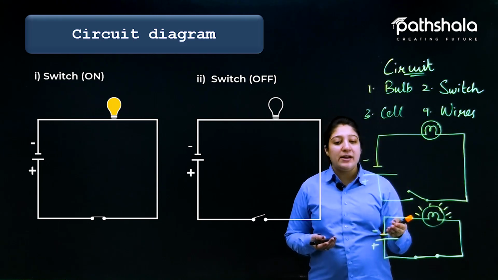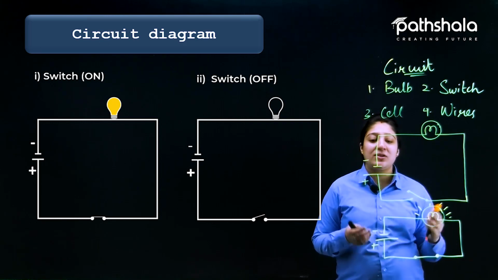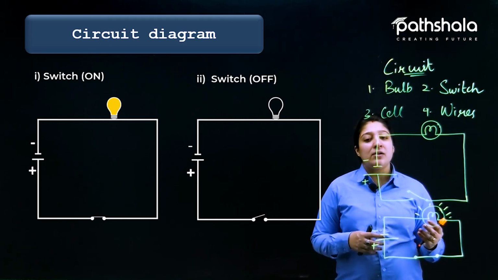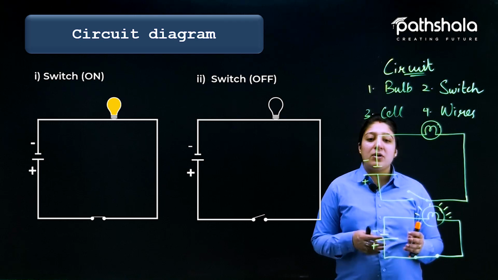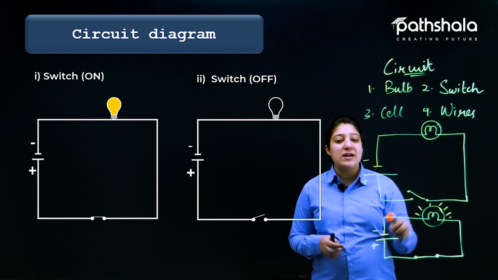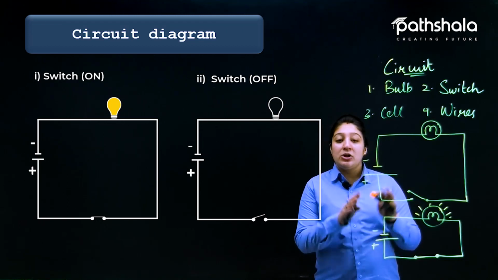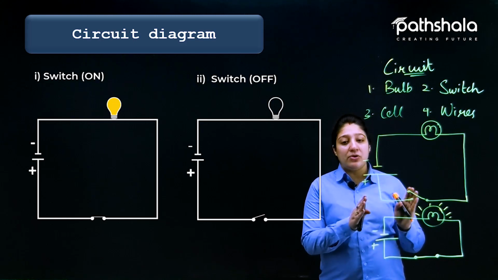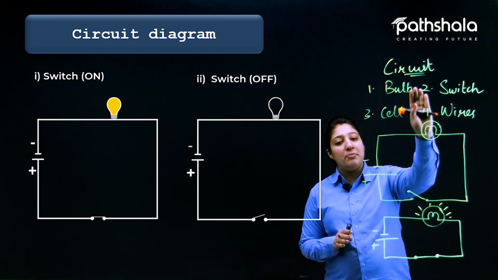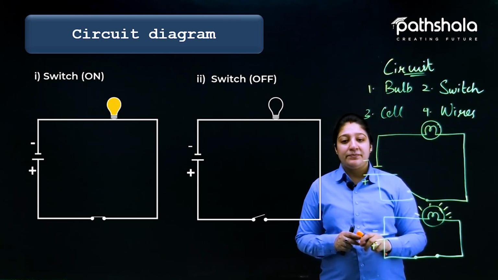If there is no switch, you can simply make the connections between the wires. There will be a complete connection and hence the circuit will be complete and there will be a flow of charges, right? And wires are very much needed. Without wires, there won't be any connection, and without wires, there is no circuit diagram. So that is how you need to draw the circuit diagram based on the components which are given to you, right?